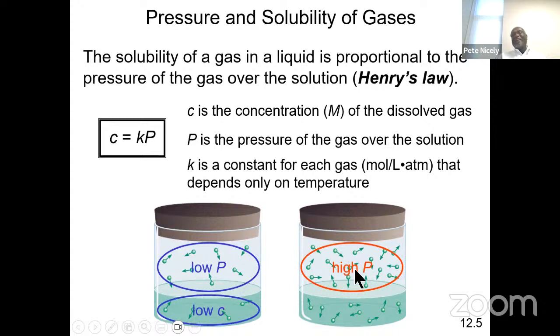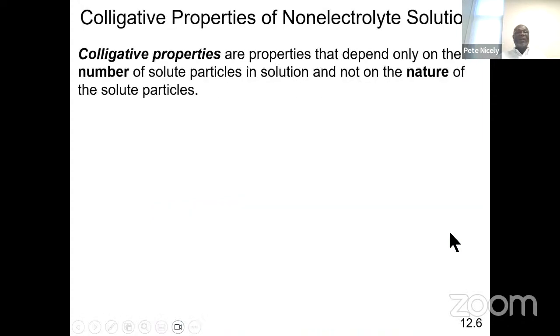Correspondingly, if the pressure of the gas is high above the solution, then the concentration of the gas in the solution is also high. So there's a direct linear relationship between the concentration of a gas and the pressure of the gas above the solution. That's basically what Henry's law is all about.